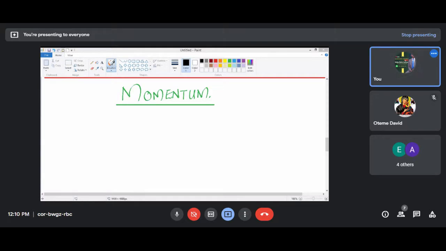So, what are we expected to study under momentum?